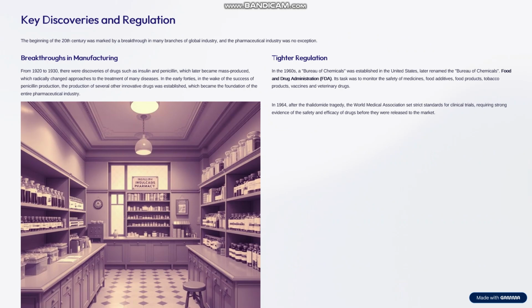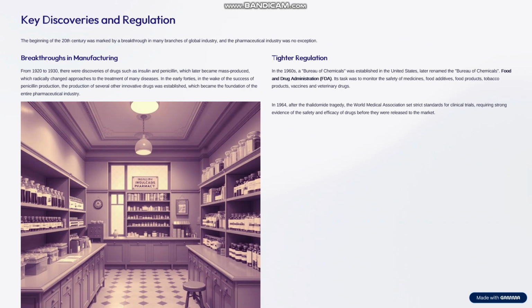The beginning of the 20th century was marked by a breakthrough in many branches of global industry, and the pharmaceutical industry was no exception. Breakthroughs in manufacturing. In the 1920s to 1930s, there were discoveries of drugs such as insulin and penicillin, which later became mass-produced, which radically changed approaches to the treatment of many diseases.